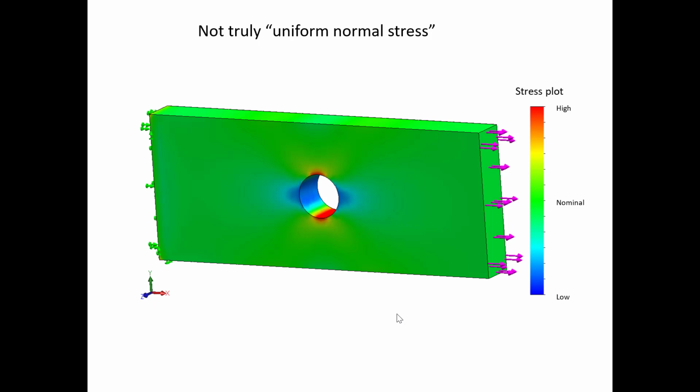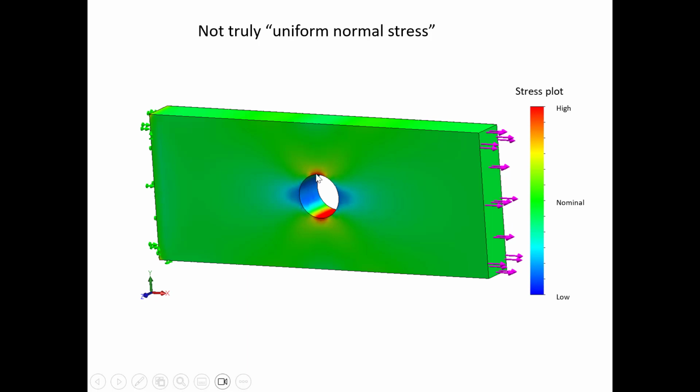And you can see here what the stress plot looks like. It's a color one. I like this. And you can see nominally green. What the green looks like is the nominal stress value. And then near the hole, there's one part of the hole that gets stretched. So the circle of the hole goes more like an ellipse.